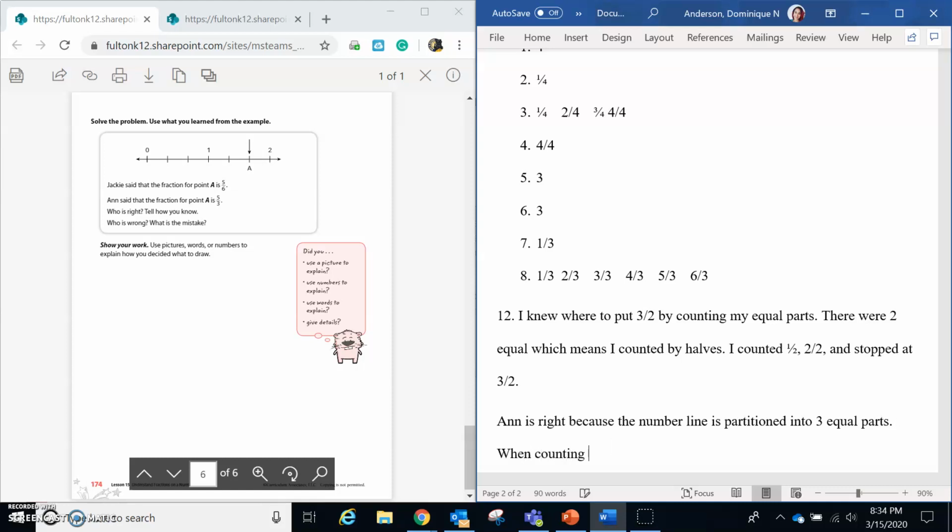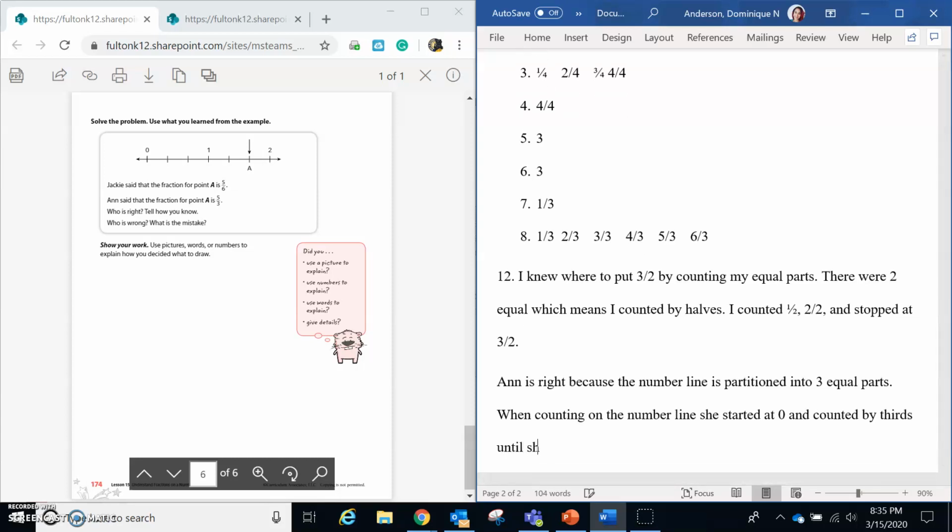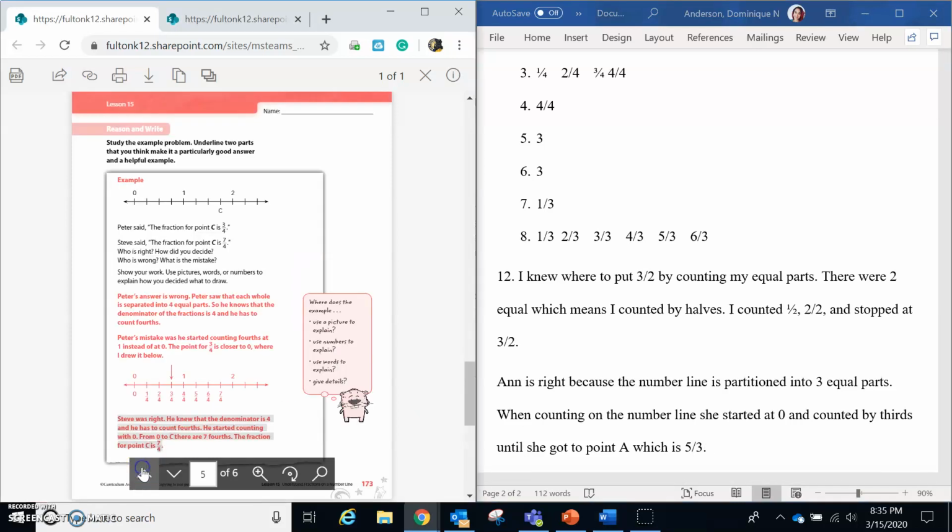When counting on the number line, she started at 0 and counted by, we're going to say thirds, until she got to point A, which is 5/3, period. And let's go back and see. That's what they said.